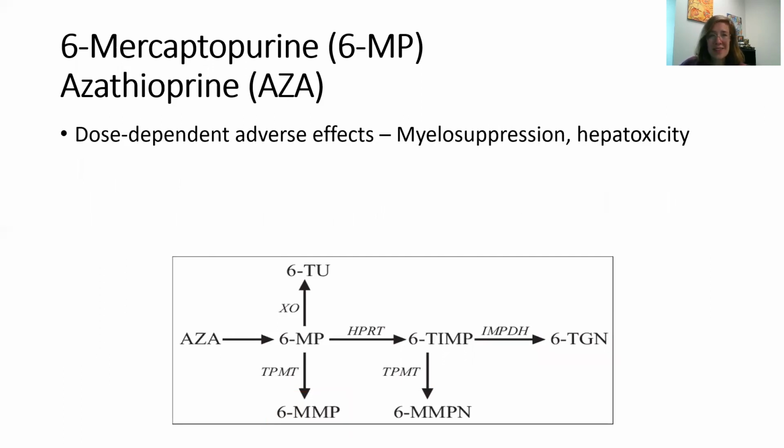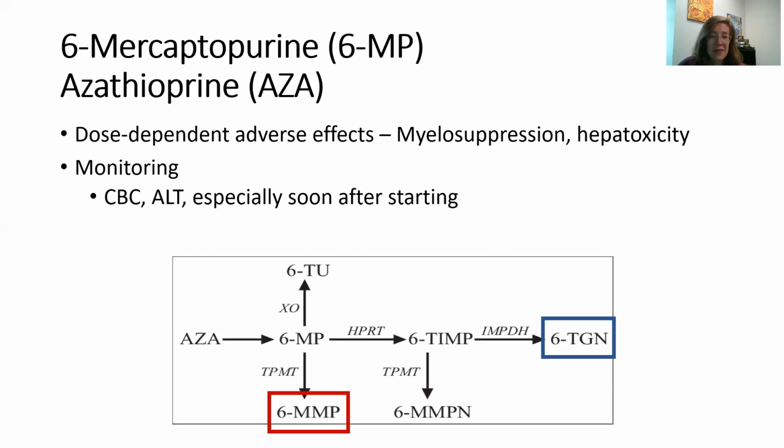So along those lines, there are some dose-dependent adverse effects in 6-MP and azathioprine, and those include myelosuppression if your 6-TG level is too high, and hepatotoxicity if your 6-MMP level is too high. So as you might imagine, monitoring for these include blood counts and liver numbers, specifically the ALT.